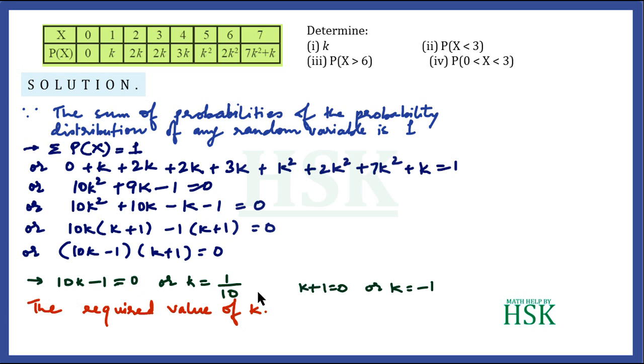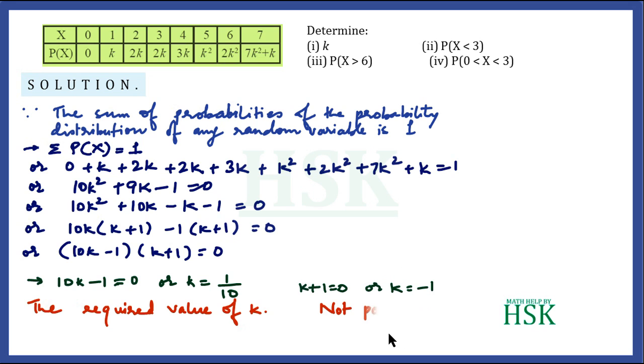Now, k is equal to minus 1 cannot be the value of k, because the probability of any event cannot be negative. If we place k as equal to minus 1, this would mean that the probability of 1 would be equal to minus 1, which is never possible.